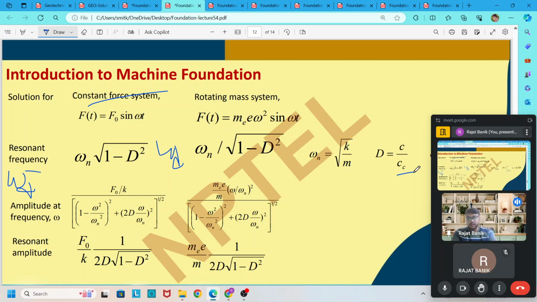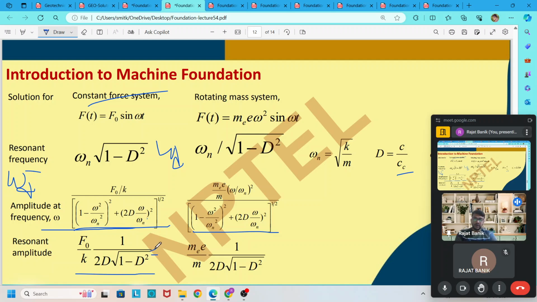If we simplify these two amplitude terms, the resonant amplitude becomes, when the frequency ratio omega by omega n is 1, F naught by k into 1 by 2d root over 1 minus d square.